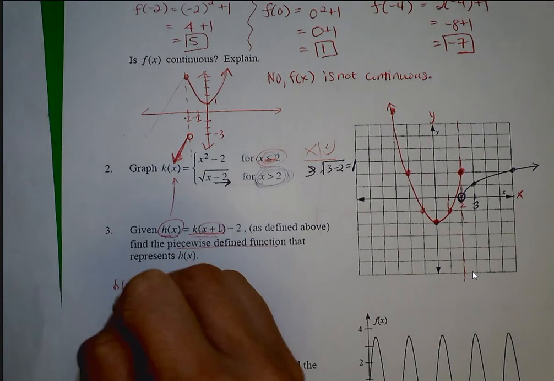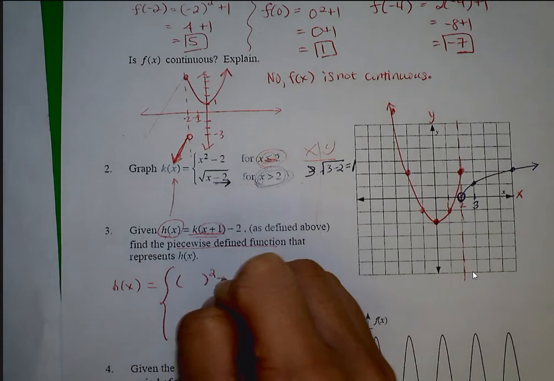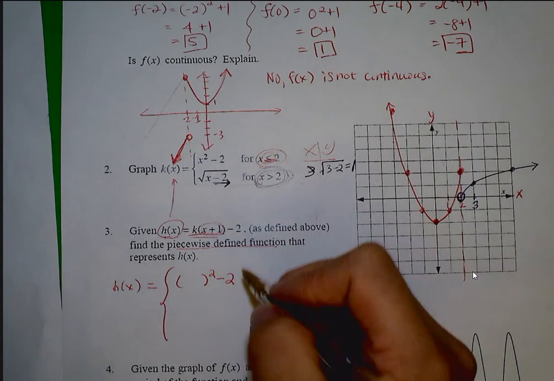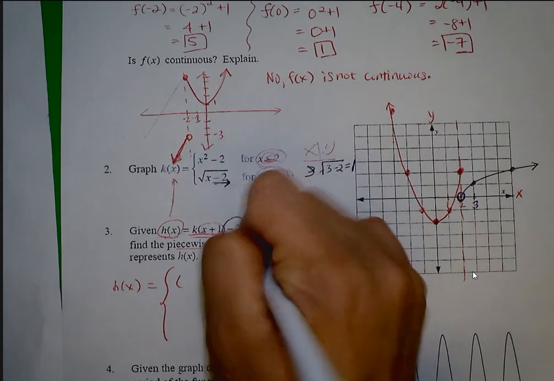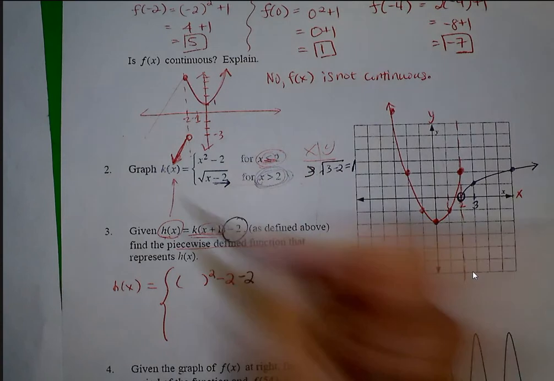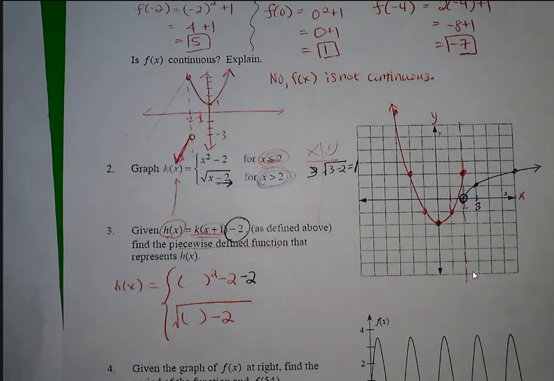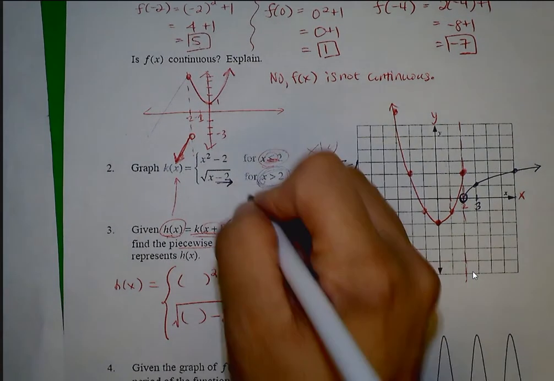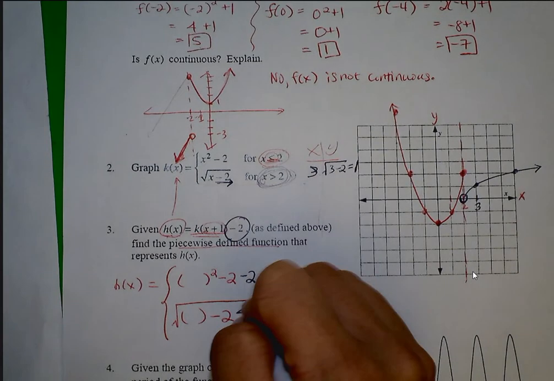It's the same thing as k of x, except it's x squared minus 2, and then I'm going to subtract 2. This one is the square root of x minus 2, and then I have to subtract 2, not in the parentheses though.